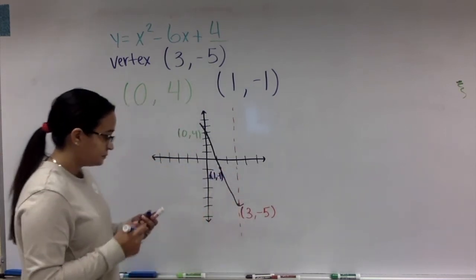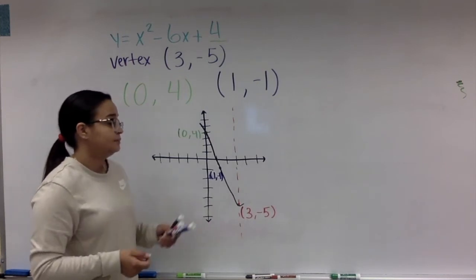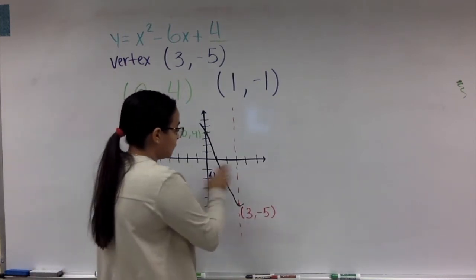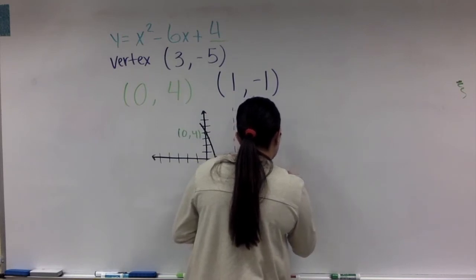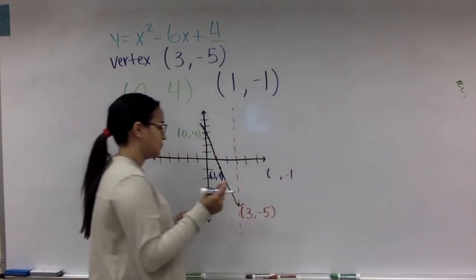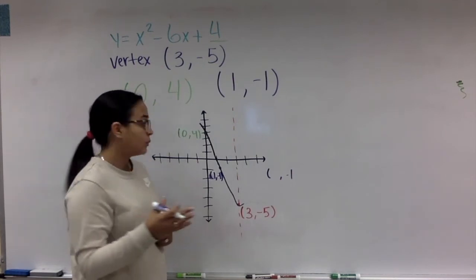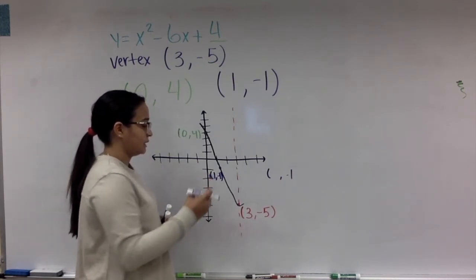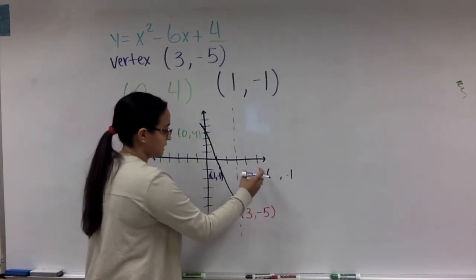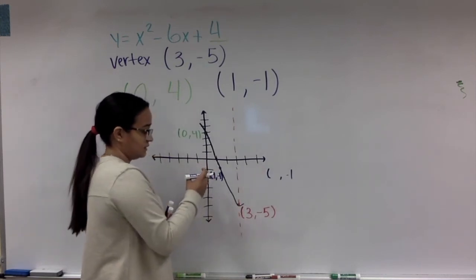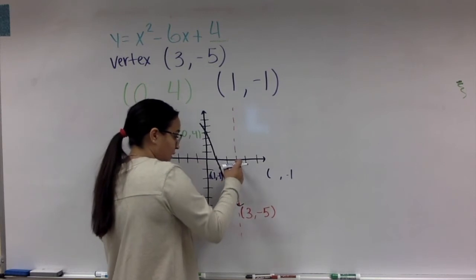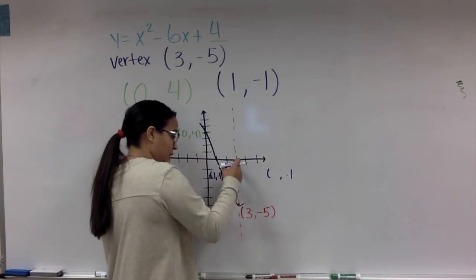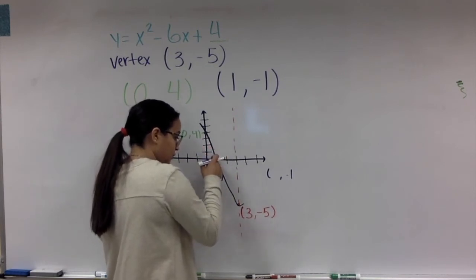Okay. Now, we know our y on this side is going to be negative 1. But what about our x? It's on this side, not on this side. So, let's see. We're right here, and we go over 1, 2.